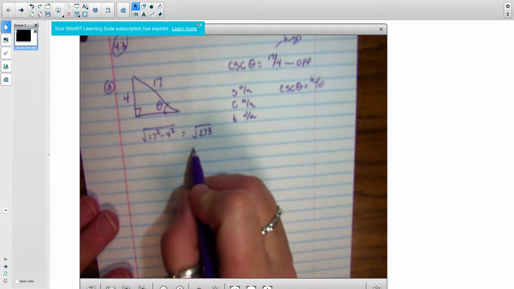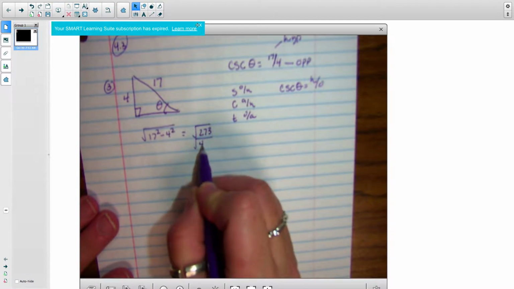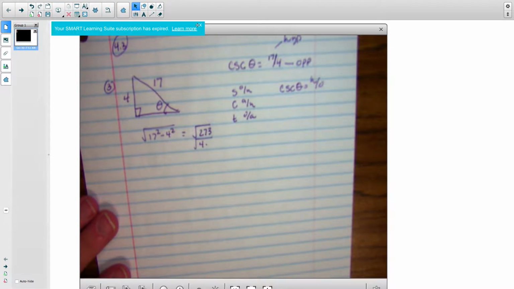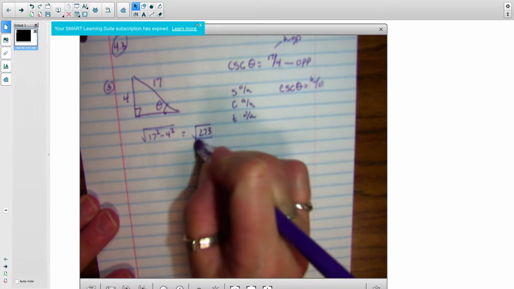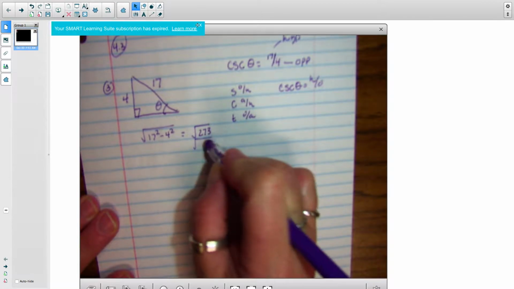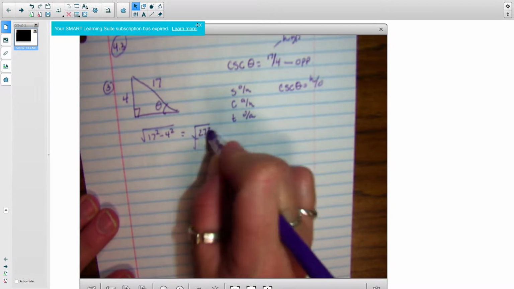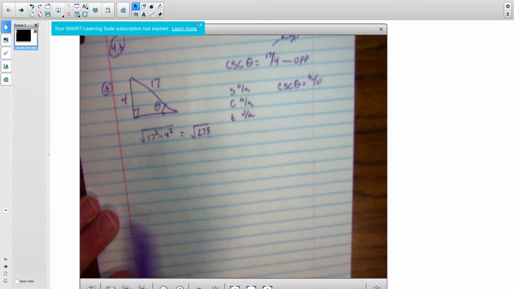This one will rationalize some more. 273 divided by 4 is what? 68.25. Yeah, I don't think you can. I have divided by 3, sorry. You have to leave it there. The answer has 273. Does it? Okay, thank you. All right, so this is square root of 273.